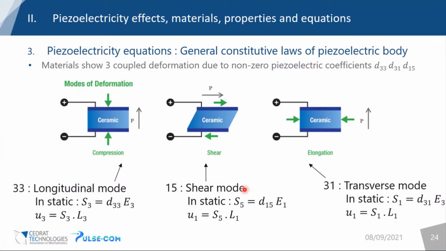Then you have the shear mode, when you induce shear strain in the material, so the deformation is perpendicular to the voltage but aligned with the polarization. And finally, you have the third mode, the 3-1 mode, the transverse mode. It is when the voltage is aligned with the polarization, but the mechanical forces or stresses are perpendicular. So you have these three modes of deformation.